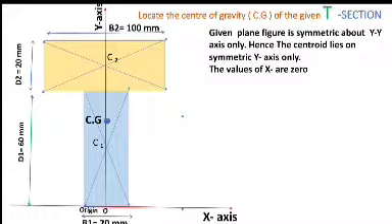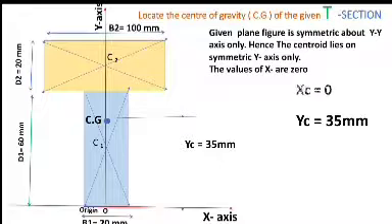The location of CZ is at a distance of YC equal to 35 mm and XC equal to 0. XC equal to 0 means it lies on the Y axis. This is the final answer for the T section.